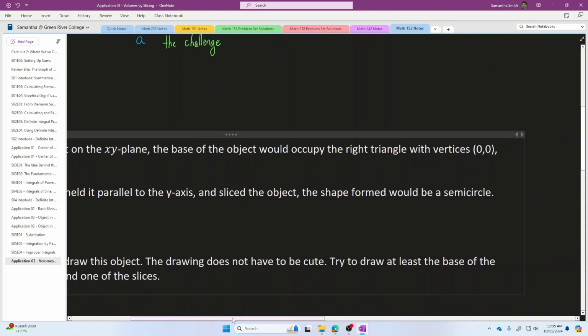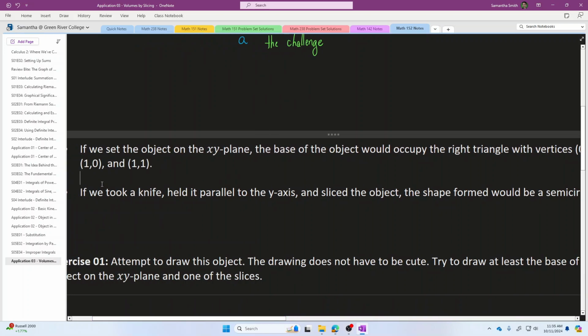And the region occupied would be shaped like a right triangle, with one vertex at (0, 0), another vertex at (1, 0), and another vertex at (1, 1). So that's our hint about what the bottom of the object looks like.